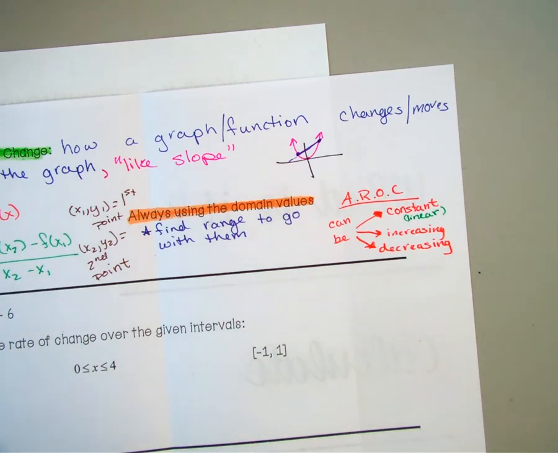So the amount it goes up by also is increasing. And it can go the other way too for decreasing. So it could be going down by 4, and then down by 2, and then down by a half. So that would be a decreasing average rate of change. So you can have increasing, decreasing, or constant for your average rate of change. Or there'd be no pattern at all. That's also a possibility.